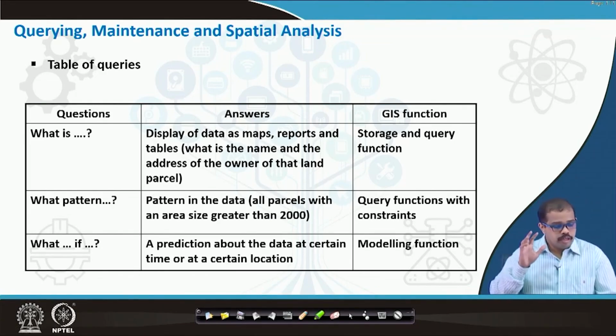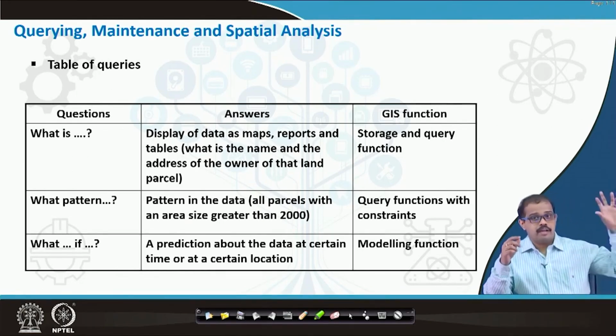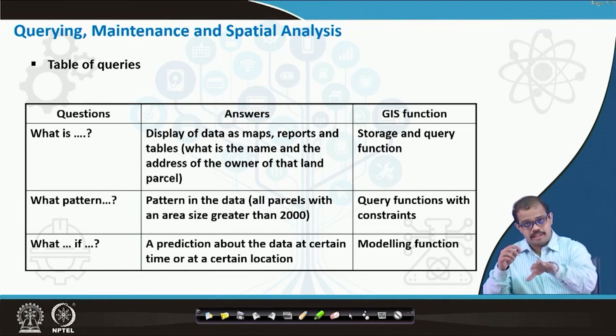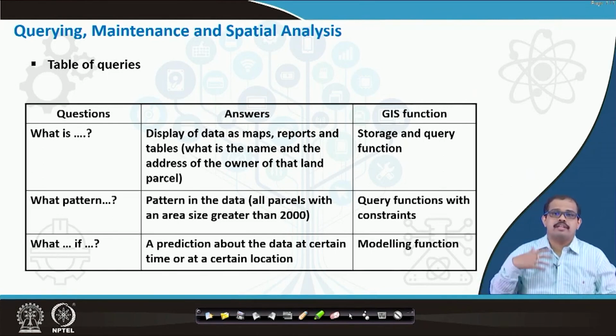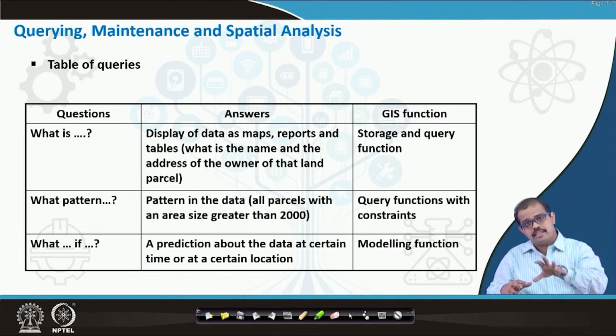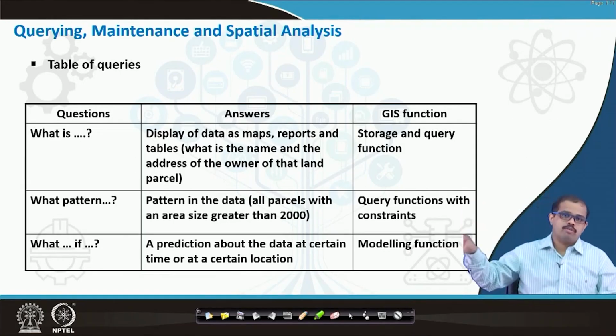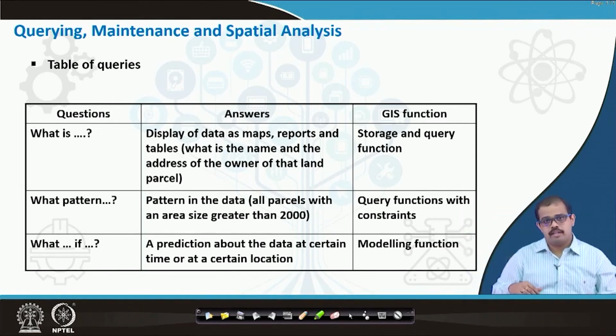So, if let us say in a general way, what if, so now we are trying to say what would be the situation if this is the pattern. That is nothing but a modeling function. We are trying to see if there is a scenario change in this particular pattern and what would be the result of that particular change.